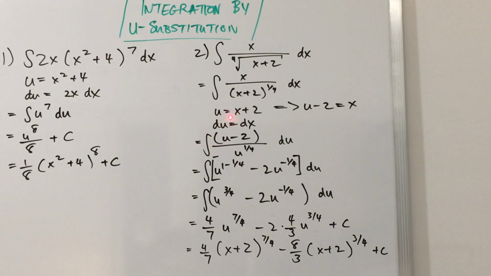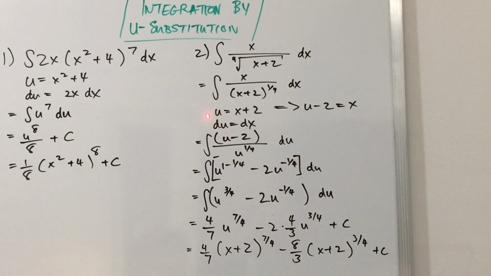And you differentiate u, so obviously you have to differentiate both sides. du is going to be equal to dx, because the derivative of x is 1 and the derivative of a constant is always 0. Let me try to explain why we let u equal x plus 2.